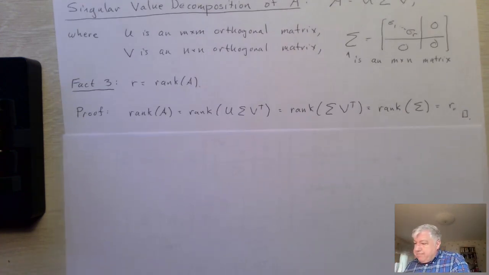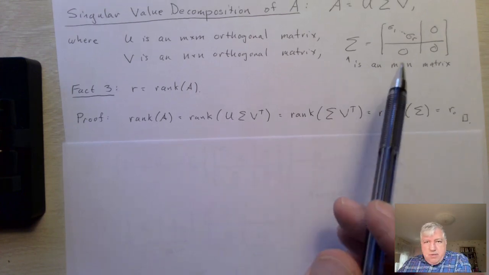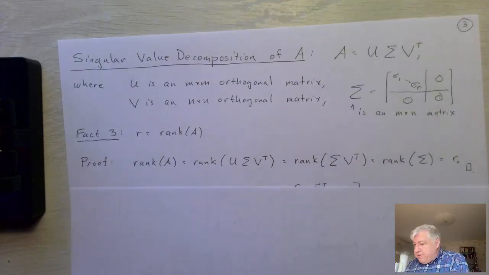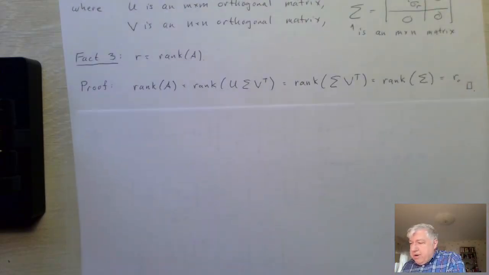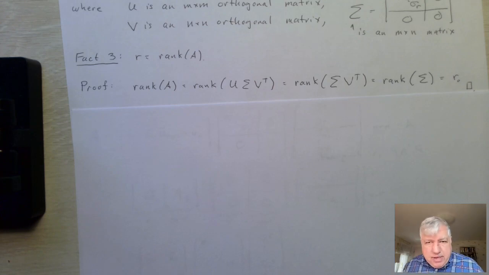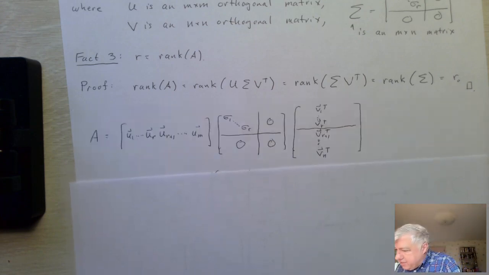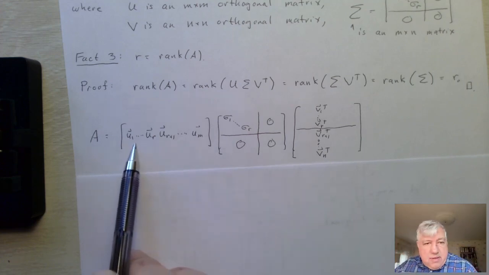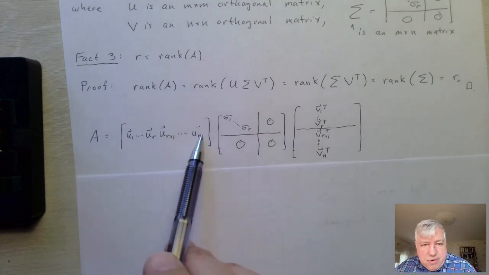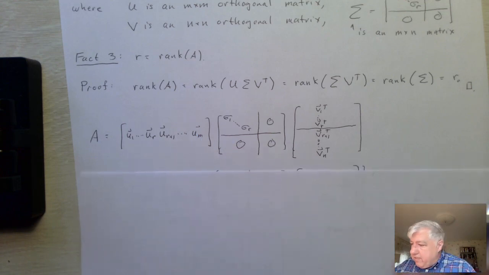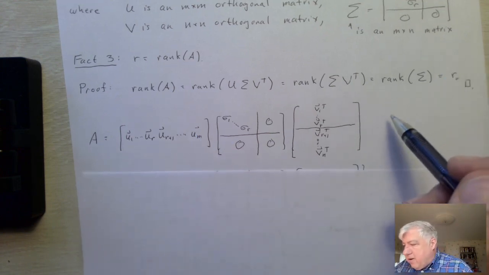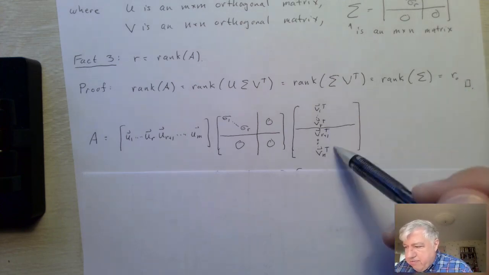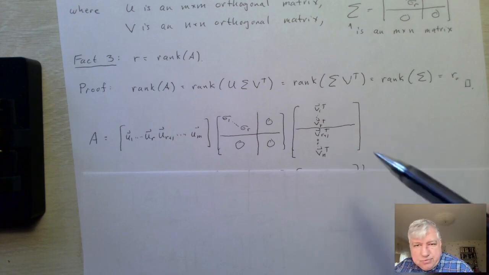Okay, now there is another form of this. We can actually go a little further than this, and this is where you really need to keep track of the dimensions. So U consists of all the column vectors U1 through Um, and V consists of all the column vectors V1 through Vn, so V transpose consists of all these row vectors V1 transpose through Vn transpose.